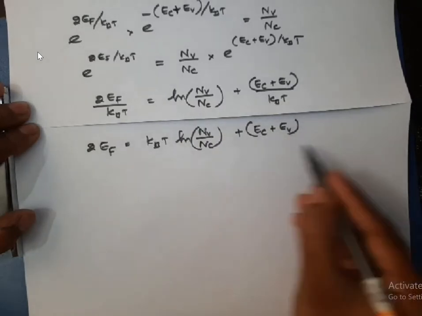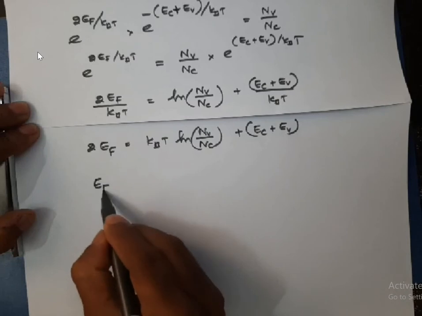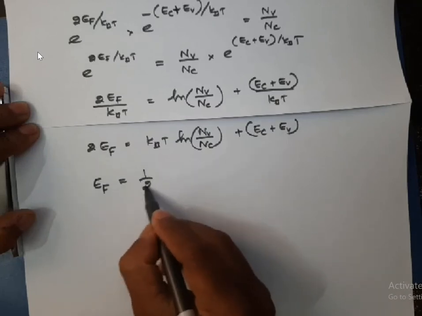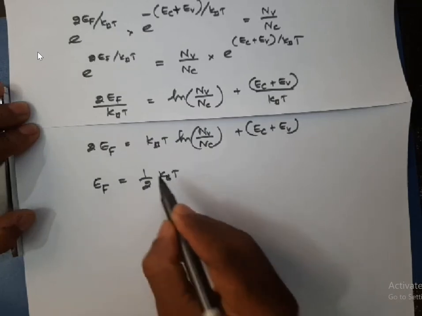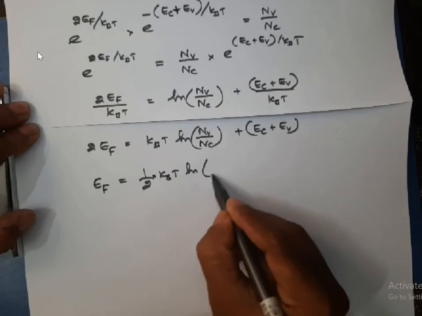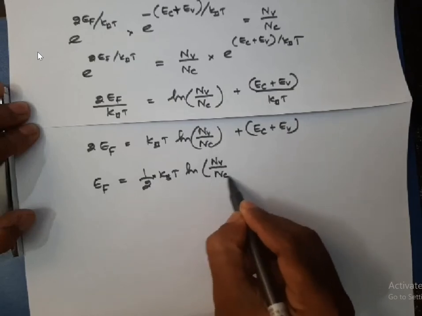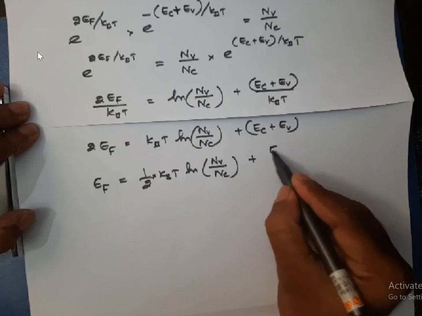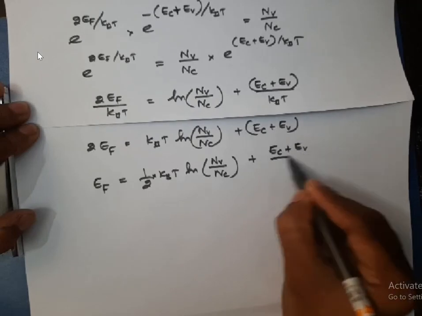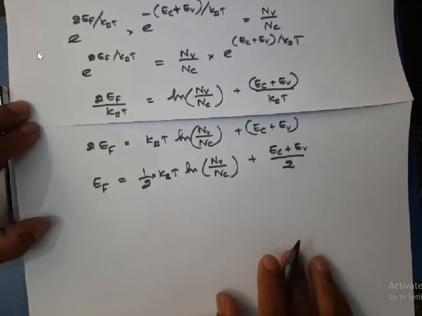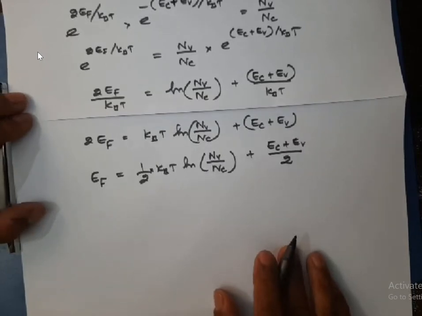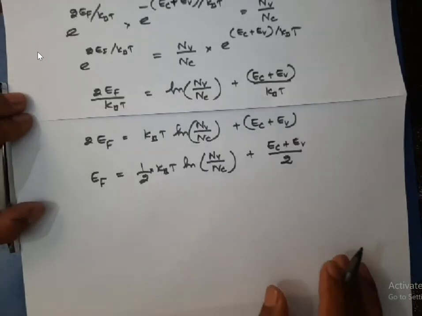Now I'll divide throughout by 2. So Fermi energy equals 1 by 2 into kBT ln NV by NC, plus (EC plus EV) by 2. Now I'll make some more simplification here.